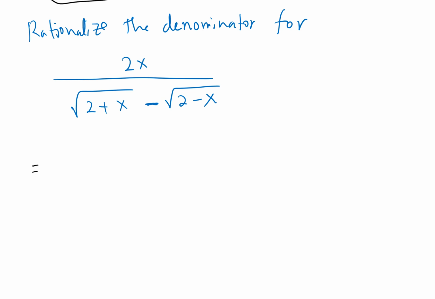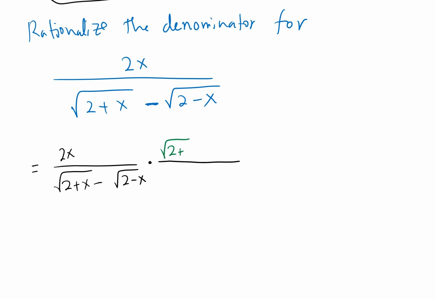So the first thing I would do, I would rewrite this first. Then multiply top and bottom by the conjugate, which is by multiplying by the same denominator, switching the middle sign.